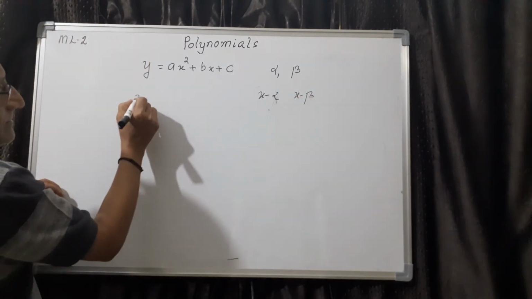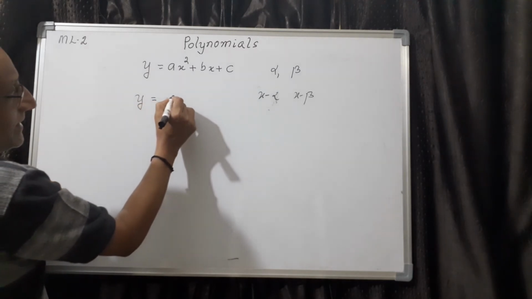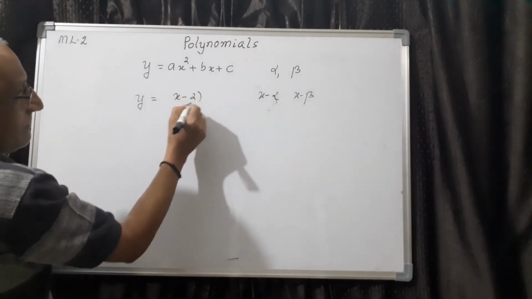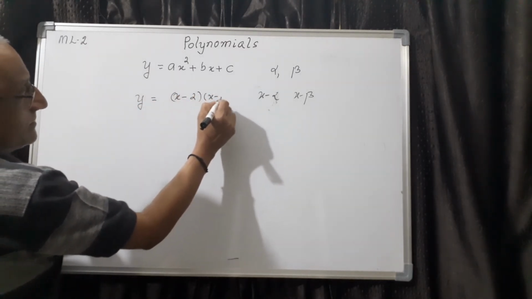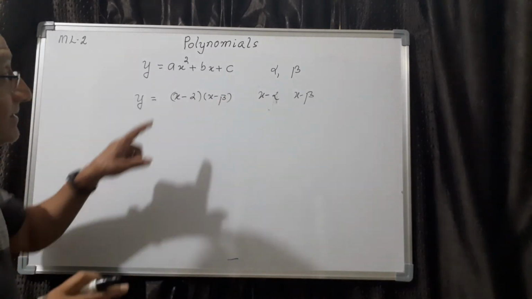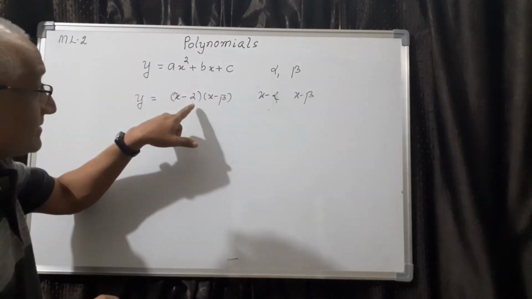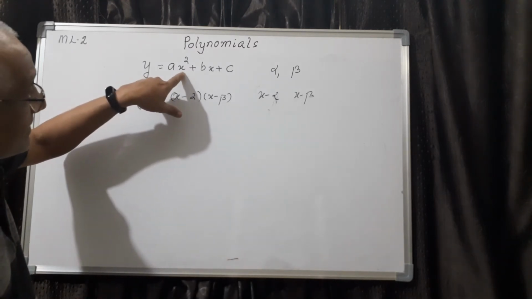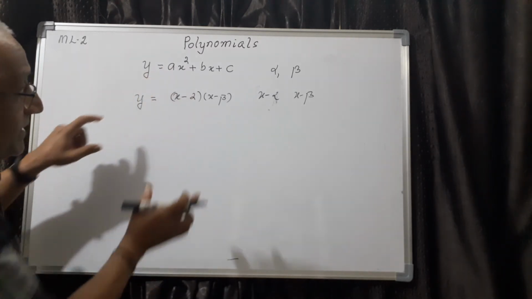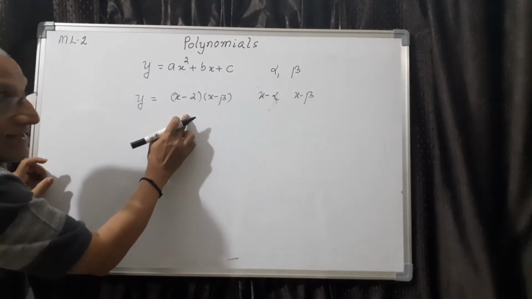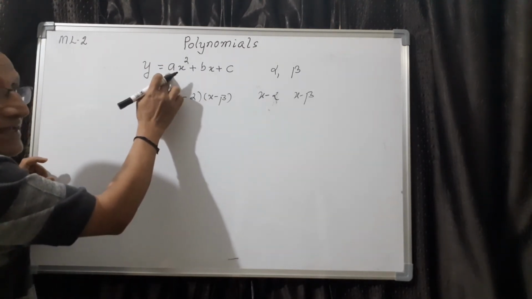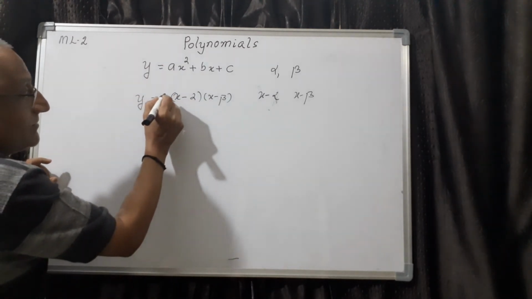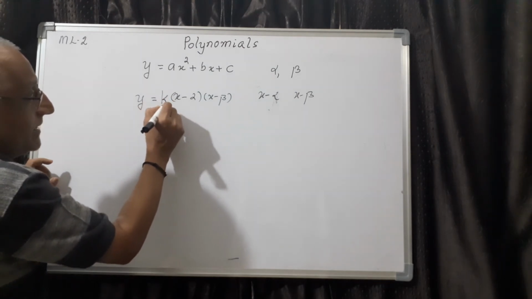Therefore, y should be written as x minus alpha into x minus beta. But remember, we are writing the same thing like this. Since x square has a coefficient a, if you multiply this you get x square, whereas here it is having a. Therefore, we have to assume that this is k times.